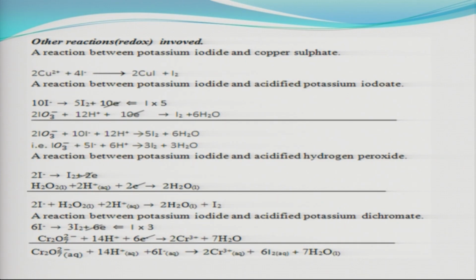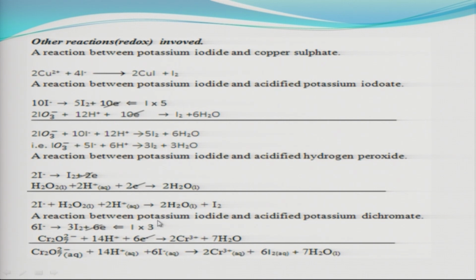Then here we also have potassium iodide with acid. The equation has been balanced. It also involves oxidation and reduction. Then we have the one with iodine, which also involves oxidation and reduction.